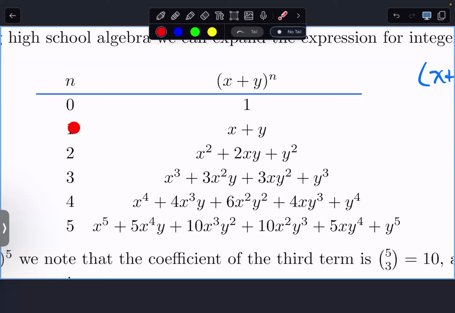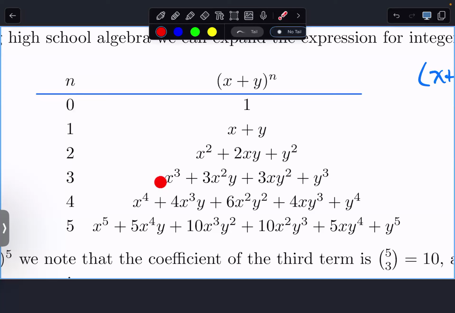If n is 1, then I get x + y to the power of 1. Fair enough? If n is 2 and I expand properly, I get x squared + 2xy + y squared. What I want you to start paying attention to is that these coefficients are going to be the binomial coefficients.